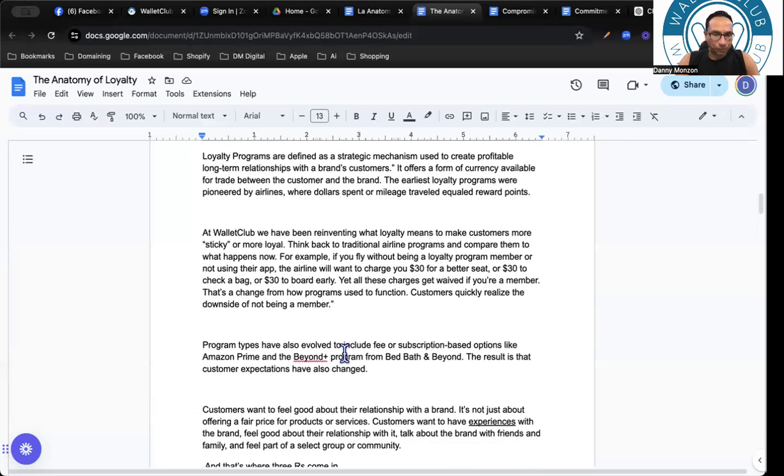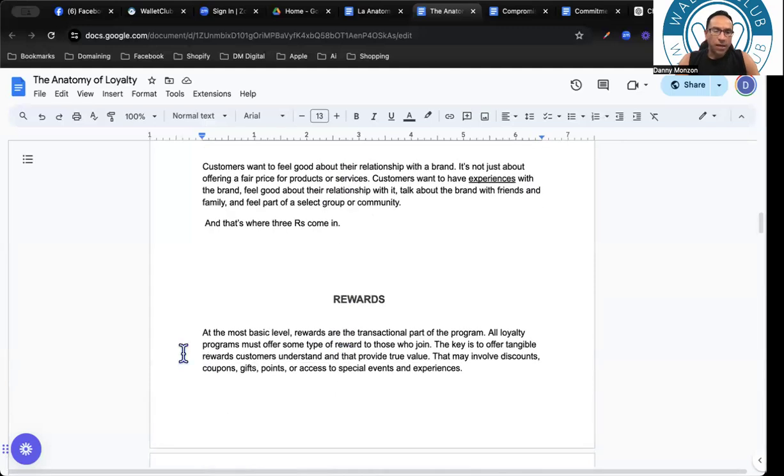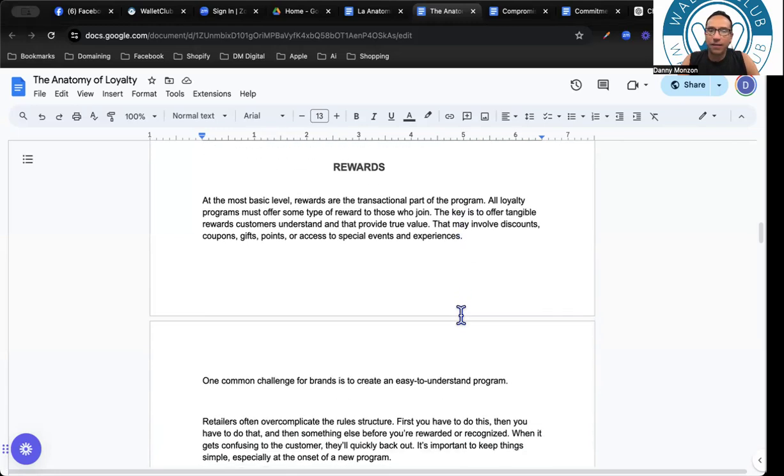So rewards. Of course, we have to give rewards for people to come back, and that's a given. But what do those rewards represent for the consumer, for the human being? They need to be worth it. It can't just be handouts. They need to be juicy.